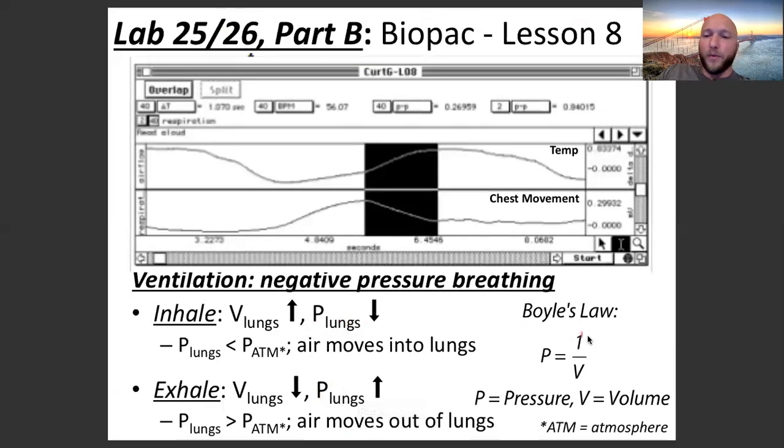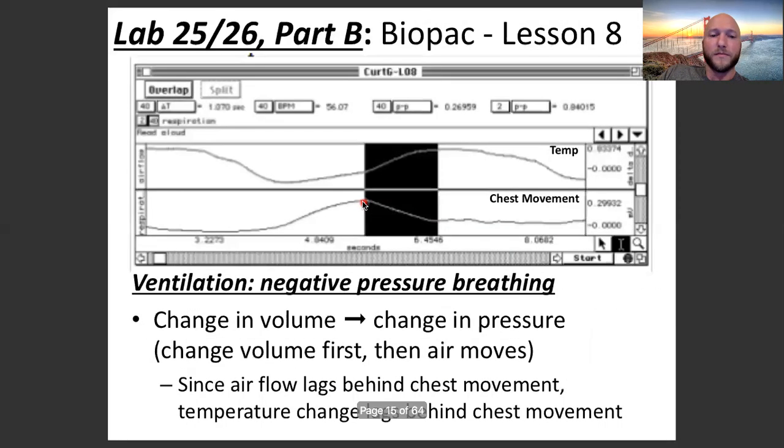All right, so Boyle's Law. We can see, we increase the volume of our lungs, chest excursion goes up, that's inhalation. So changes in volume lead to changes in pressure, and the air will follow where the pressure change is.